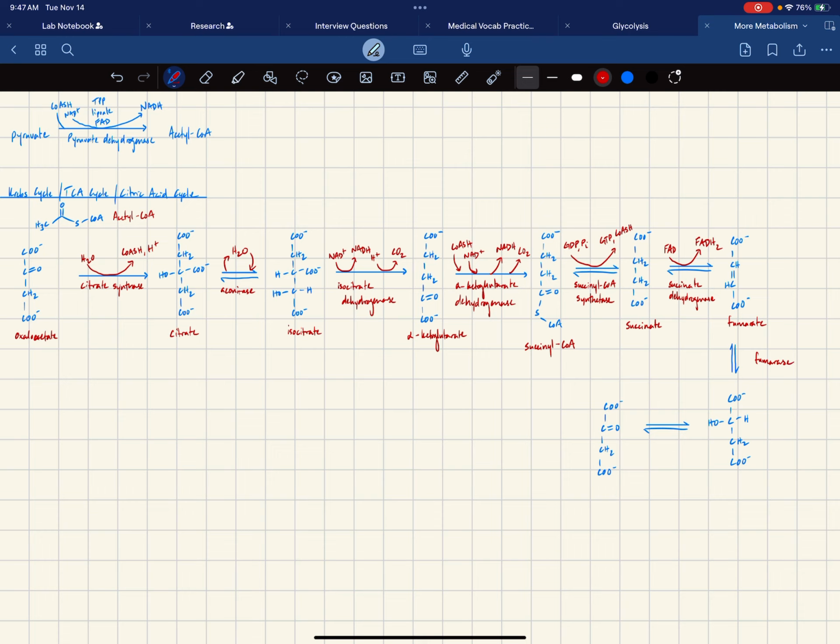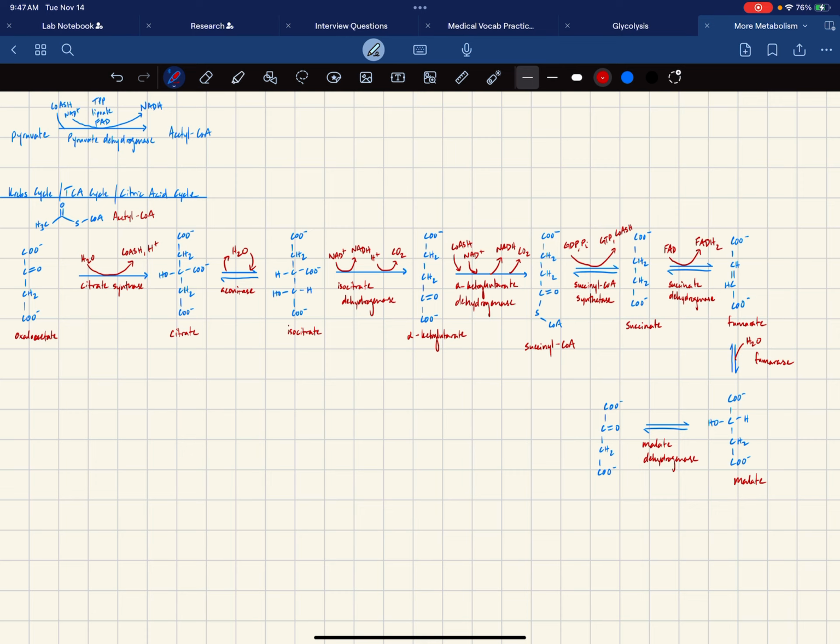We're going to put in a water, and it's going to break that double bond, so we get malate. Once we have malate, we run malate through malate dehydrogenase, and we're going to oxidize it back to oxaloacetate.